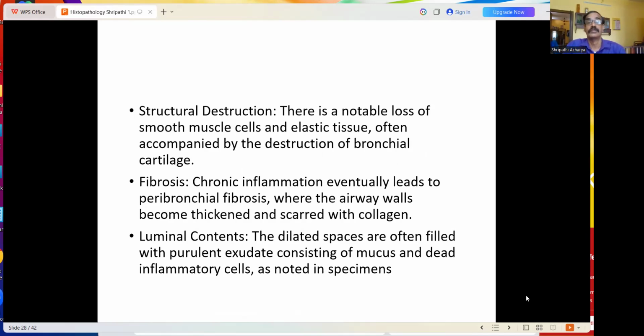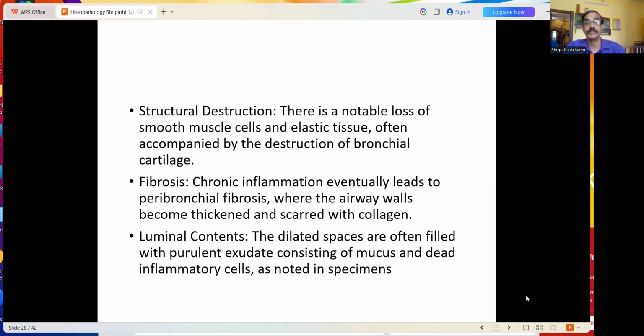Structural destruction. There is a notable loss of smooth muscle cells and elastic tissue, often accompanied by the destruction of bronchial cartilage. Fibrosis. Chronic inflammation eventually leads to peribronchial fibrosis, where the airway walls become thicker and scarred with collagen. Luminal contents.